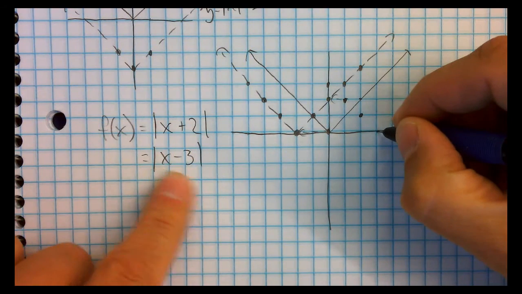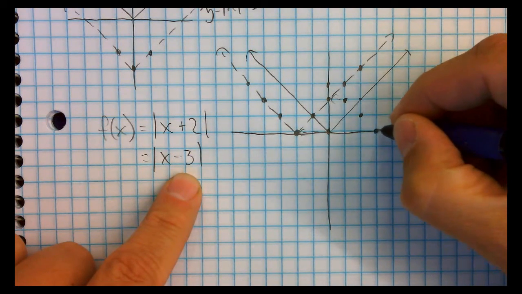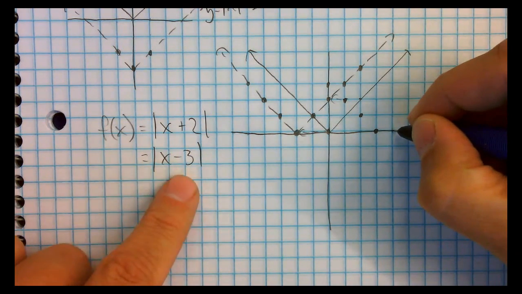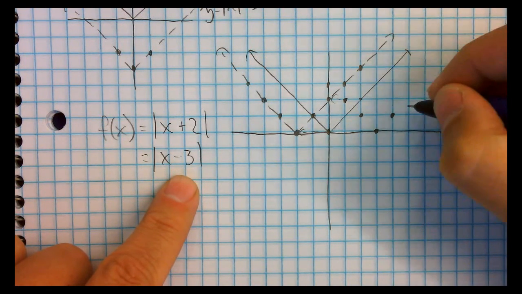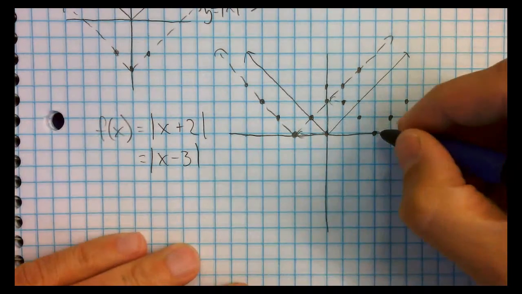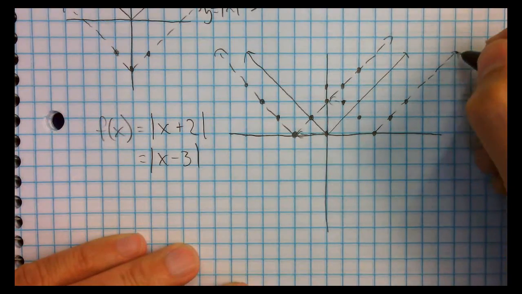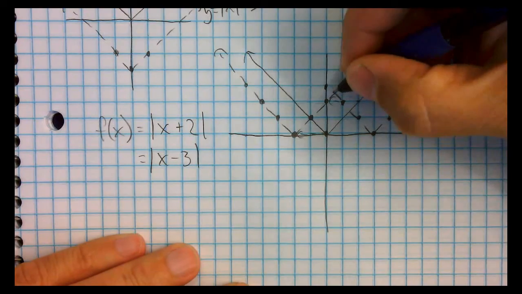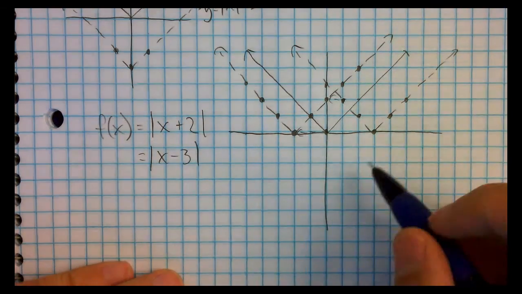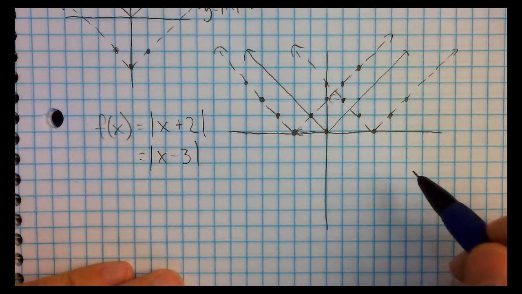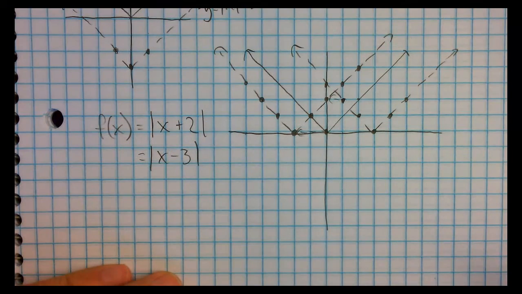If I plug in a 3, 3 minus 3 is 0, absolute value of that is 0. At 4, I'm going to get absolute value of 1. At 5, I'm going to get absolute value of 2. And so as you can see, in fact, putting a -3 in there did shift it over 3 to the right.